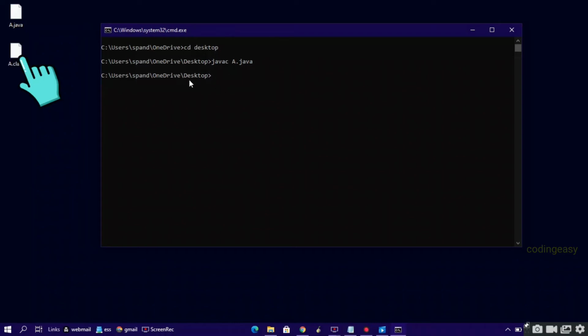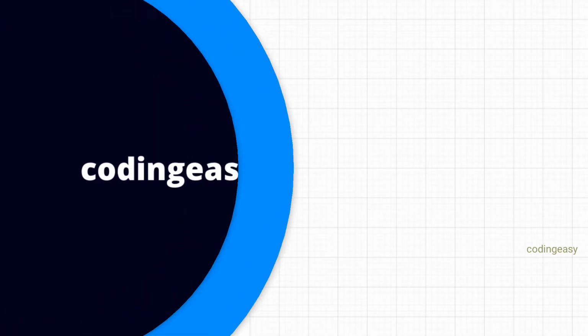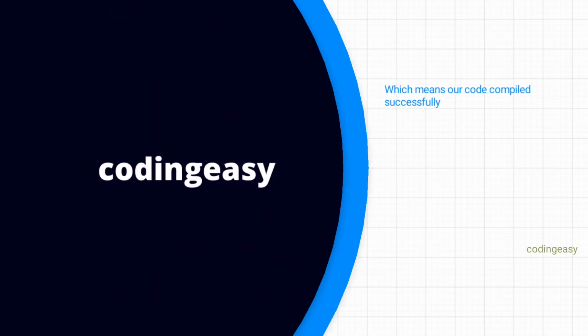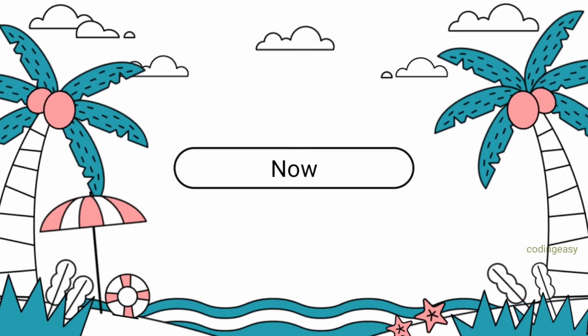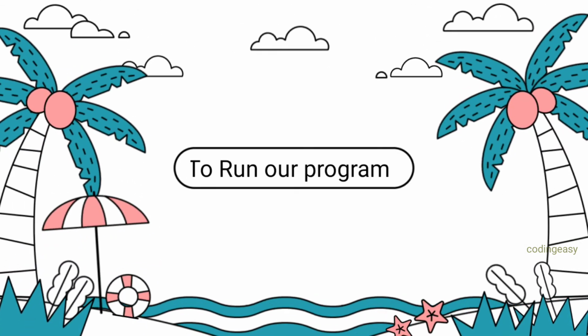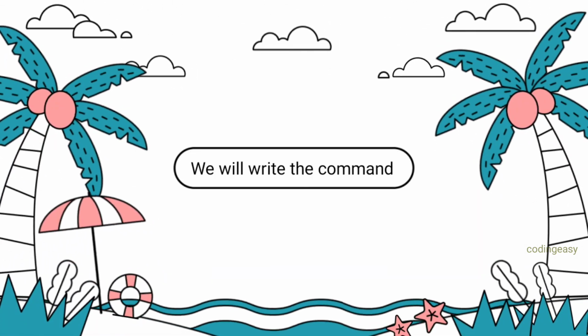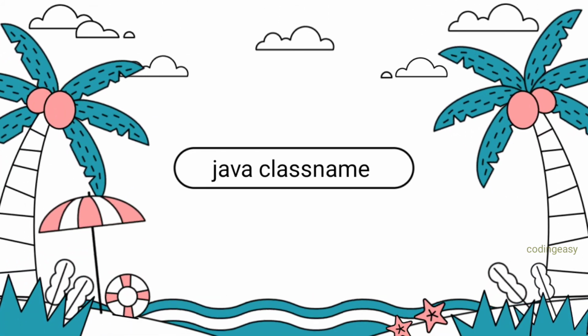After compiling, here you can see a .class file has been created, which means our code compiled successfully. Now, to run our program, we will write the command java space class name.